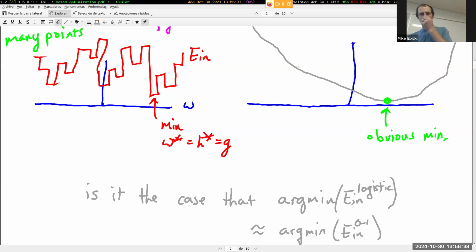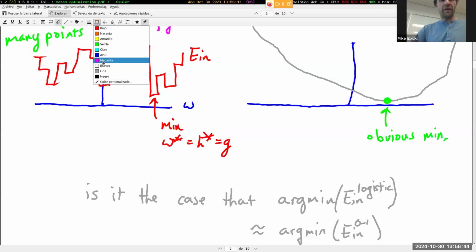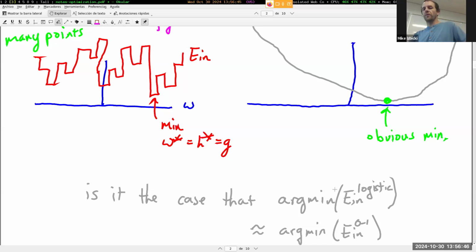So these losses up here are again the in-sample error with the appropriate loss function. And the answer is that we have no guarantee about these two things being approximately equal to each other. We have no guarantee that the W value, this again is the W axis right here, that minimizes the logistic loss is in any way correlated with the W value that minimizes the E_n over here.